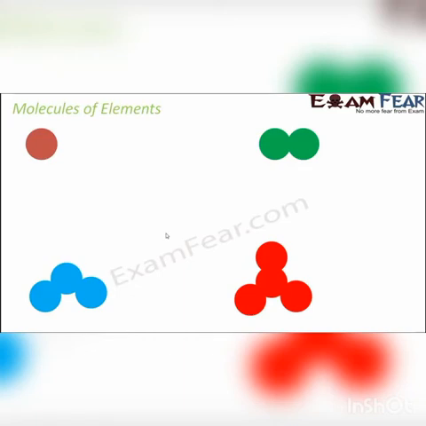We said that two or more atoms are chemically bonded. Sometimes it is one also, for example, a helium atom exists independently, or argon.